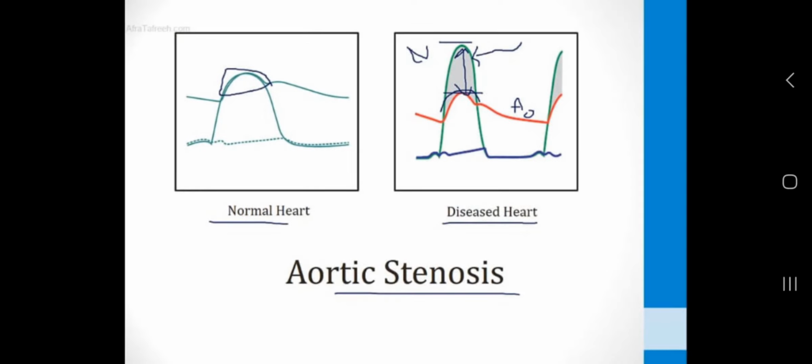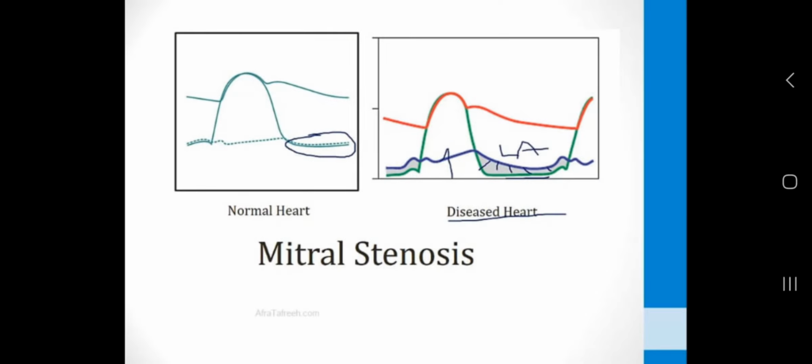So in case of aortic stenosis, the ventricular pressure is raised. Then in mitral stenosis, the left atrial pressure will be raised.